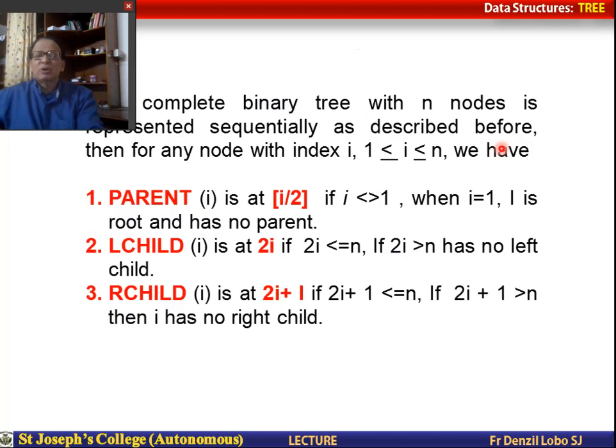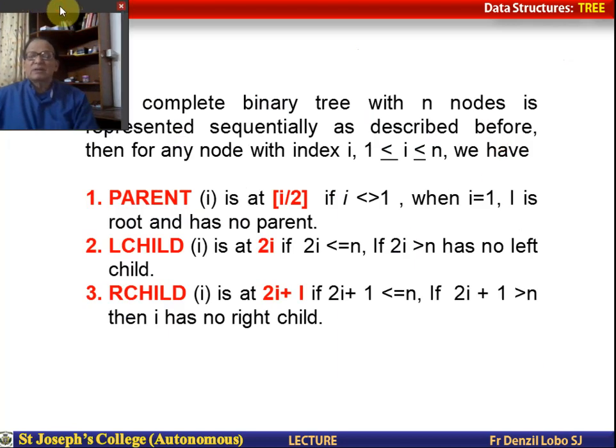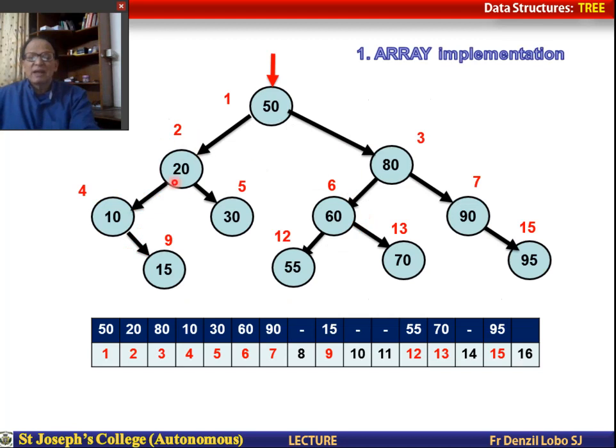Then we come to a few more points about array implementation. The complete binary tree with n nodes is represented sequentially as described before. Suppose I want, other than the root, the index of the parent node. For example, here 50 is the parent.